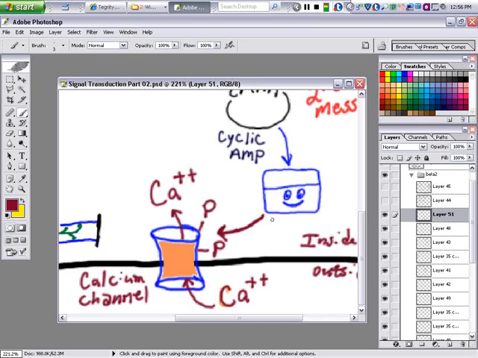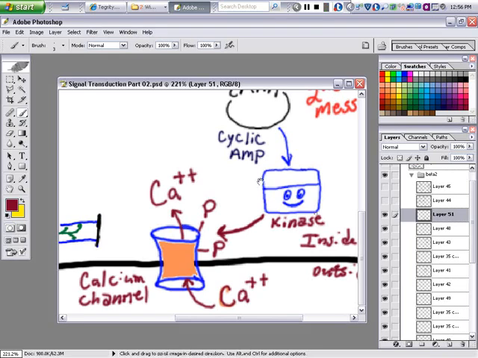But it's called a kinase. So kinases add phosphates. Phosphatases take them away. And that's something you'll have to remember for the future. Yes, that little blue protein is a kinase. We haven't given you the specific name of that kinase, but it is a kinase.